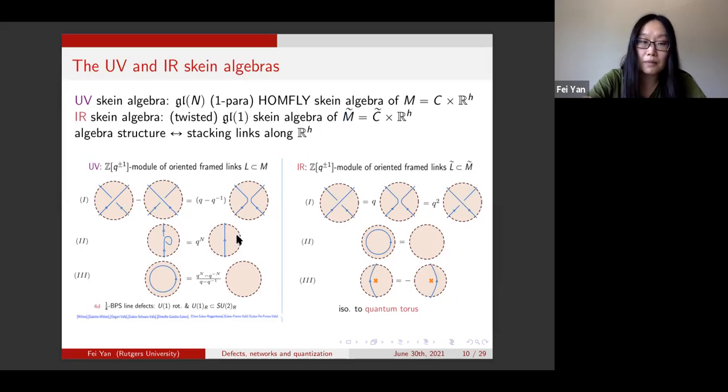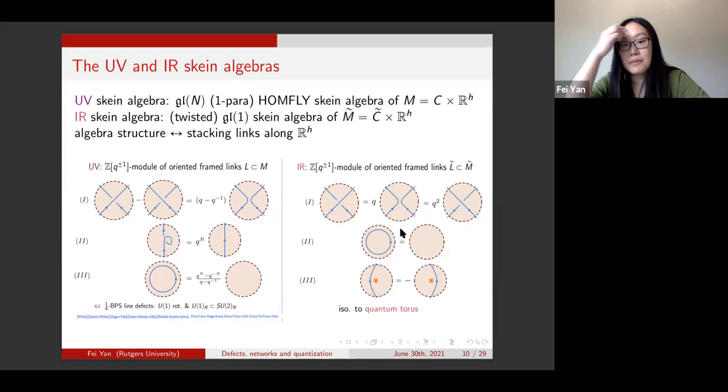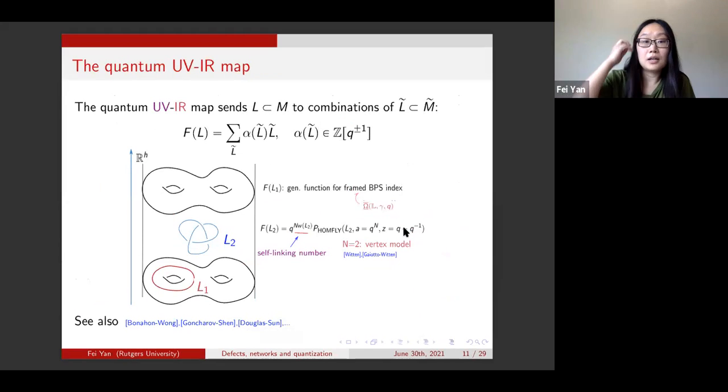So I've described to you the UV skein algebra and the infrared skein algebra. And next, we would like to construct a quantum UV-IR map going from the left to the right. And this map has to be a homomorphism of algebras on both sides. So how do we do that?